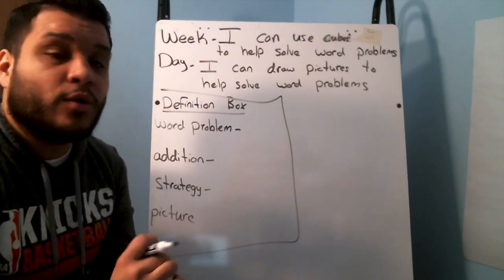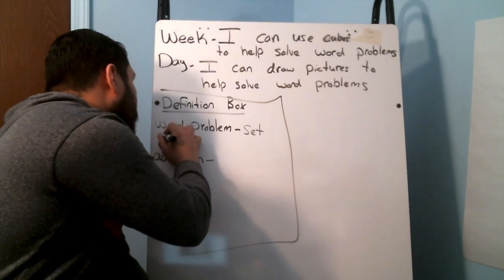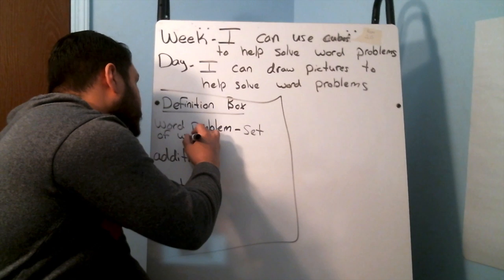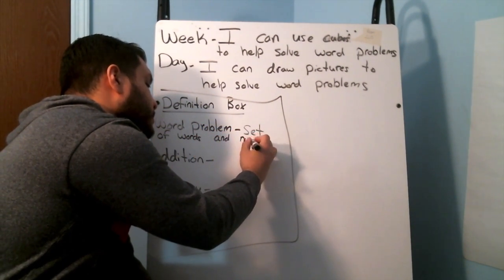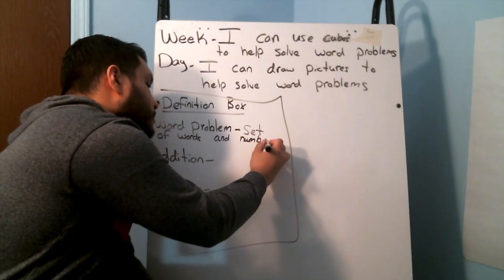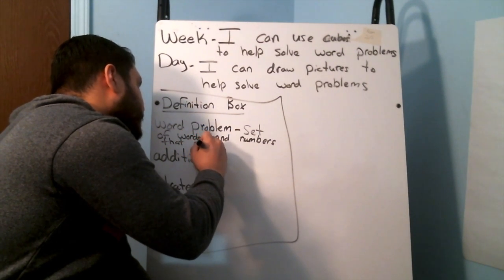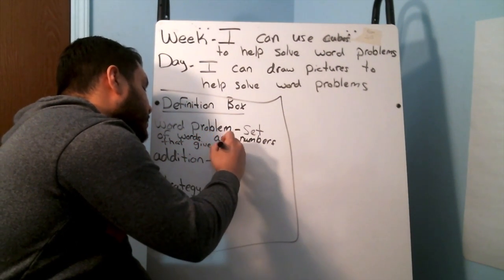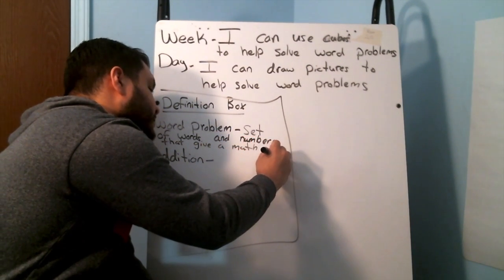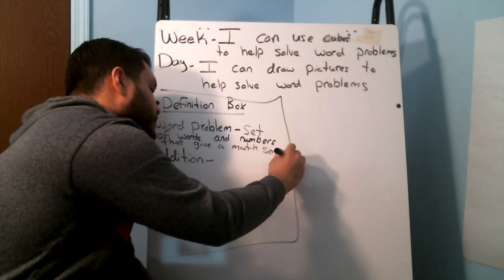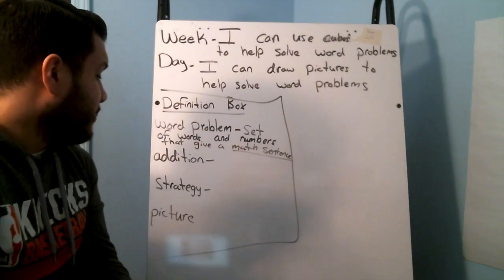Last week we said that a word problem is a set of words and numbers that give a math sentence. That's what we said our word problems mean.